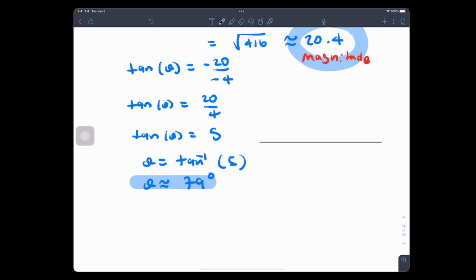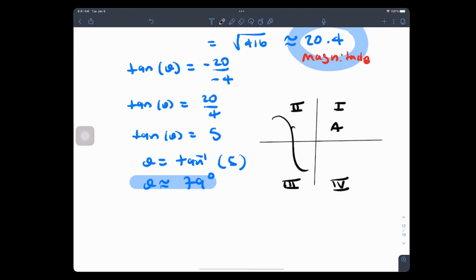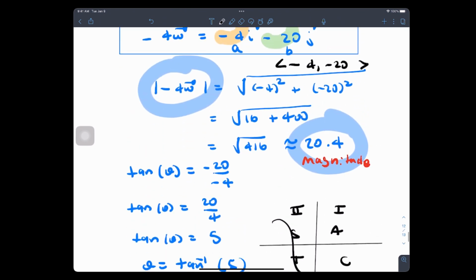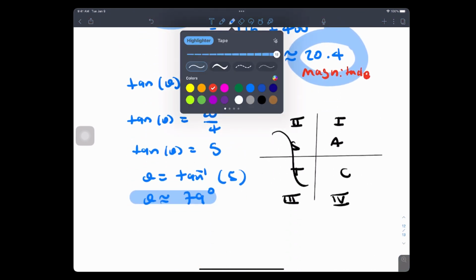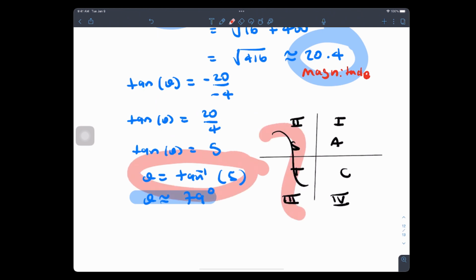So if you look at this, as I was doing: one, two, three, 4. All students take calculus. You guys okay with that? Why did I cross out quadrant 2 and quadrant 3? Because the second you use inverse tangent, those quadrants are gone. Is that true? So your angle is 79 degrees.